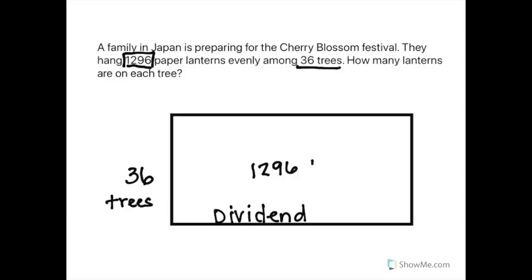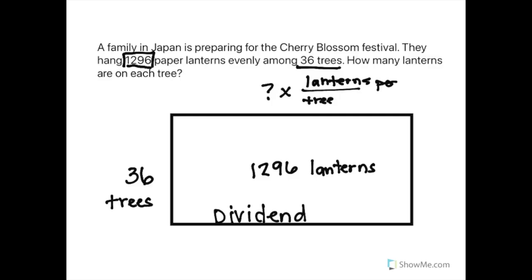And we have 1,296 lanterns. We're trying to figure out X. What is X represent? X represents how many lanterns per tree. Okay, so how many lanterns per tree?